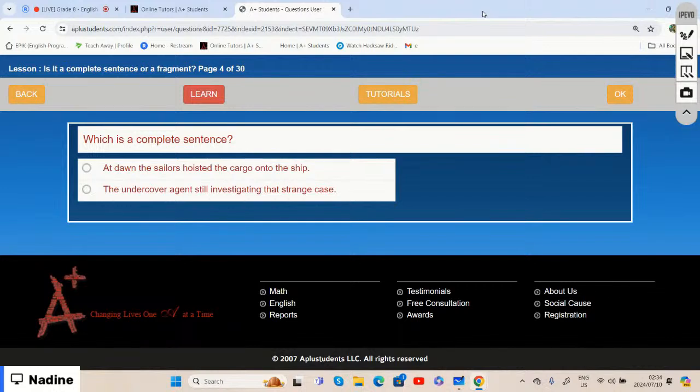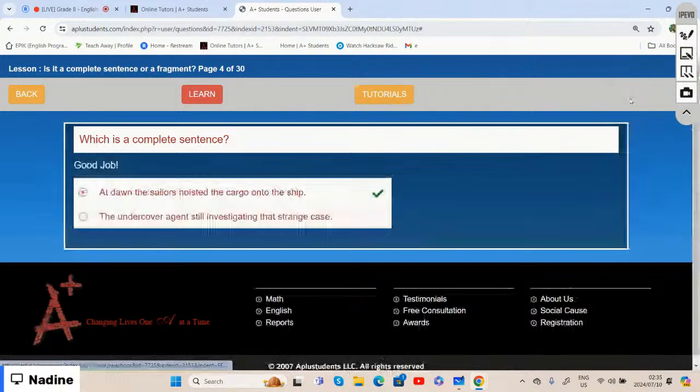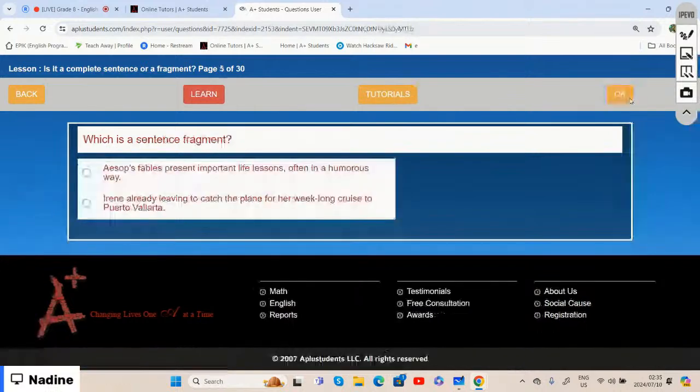And if we were to choose the correct sentence, which shows it is a completed sentence that expresses a complete thought that has both a subject and a verb, then we would say, at dawn, the sailors hoisted the cargo onto the ship. So option one is correct.